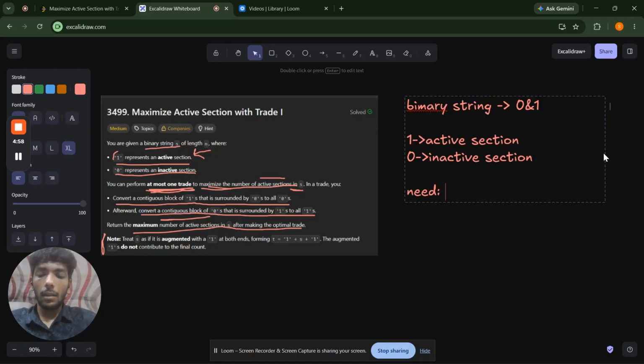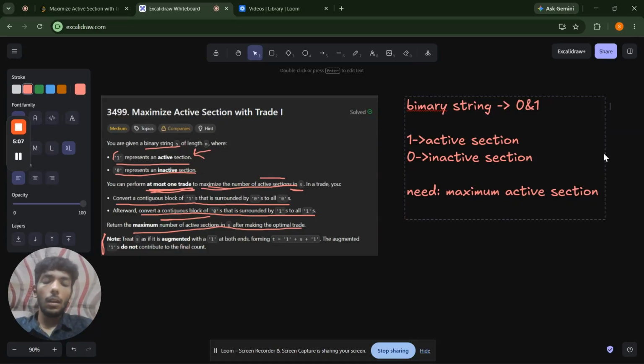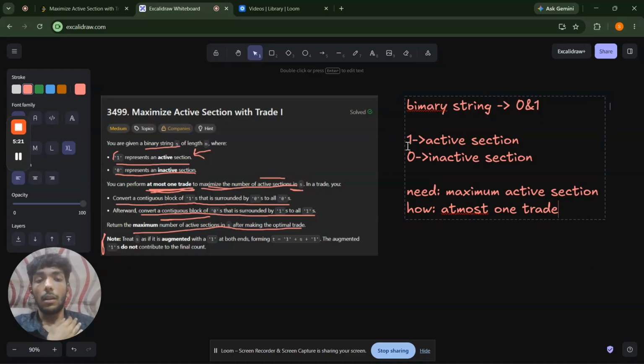What we need is the maximum active section, and how? At most one trade. Okay, so we are given a binary string of 0 and 1, and 1 represents an active section, 0 represents an inactive section. We need to maximize the active sections by performing at most one trade.